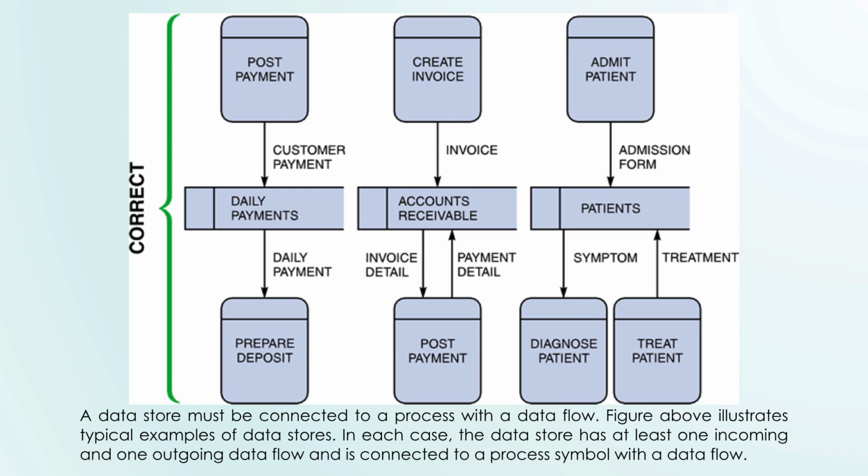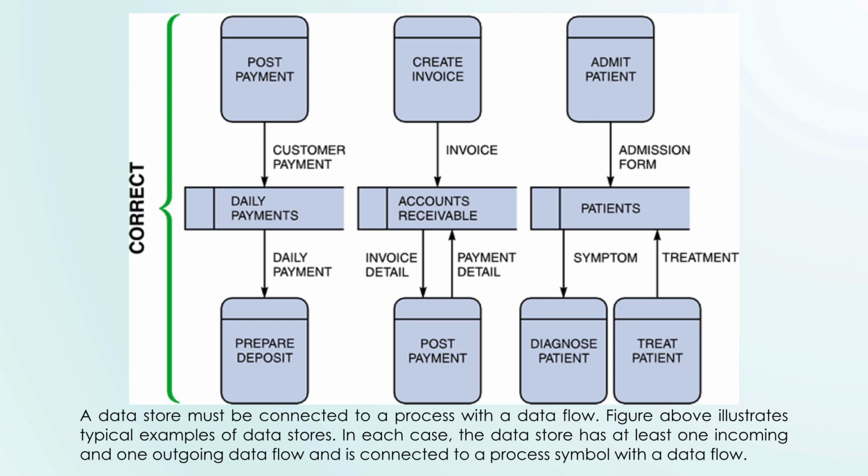In creating the DFD together with the data store, you have to remember the aim of storing the data in the data store. The aim is to use the data that is stored in the data store in the future. So the data store must have at least one incoming data flow and one outgoing data flow.